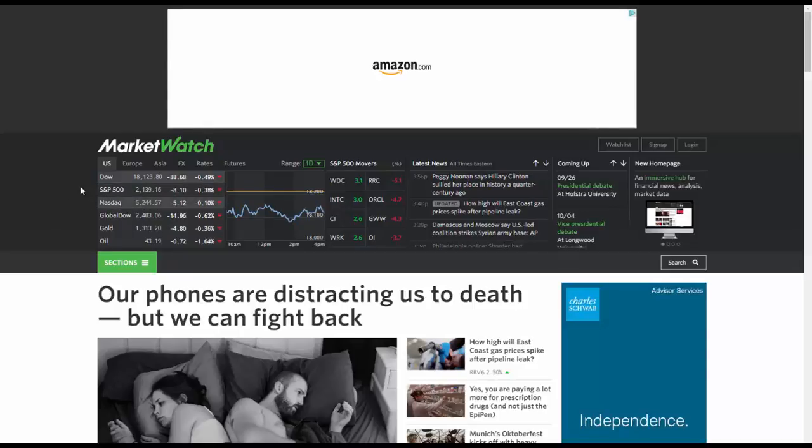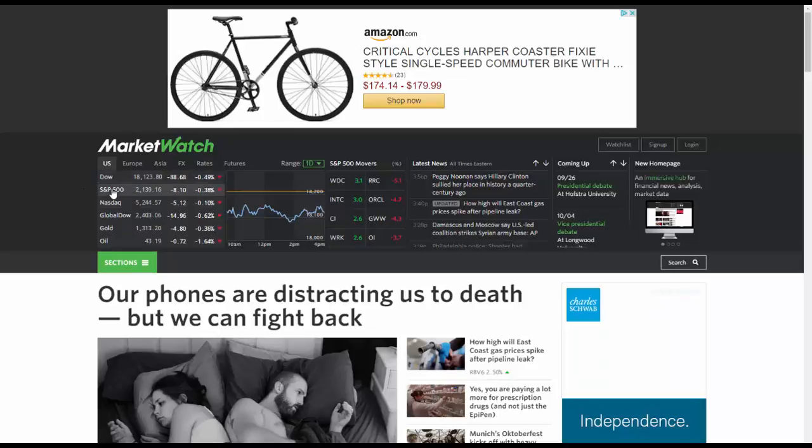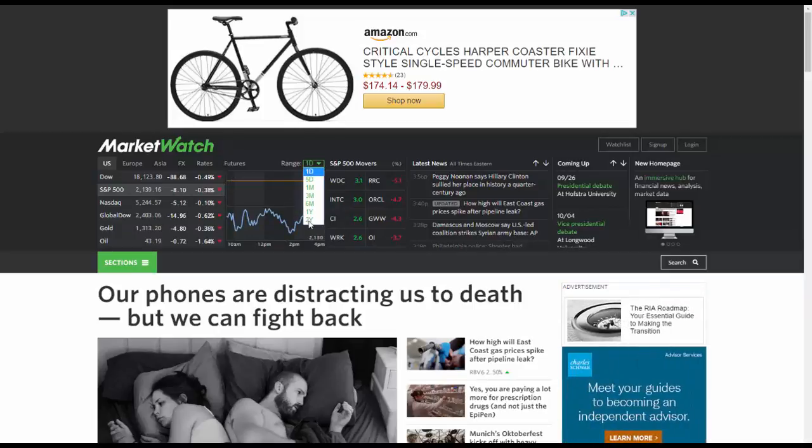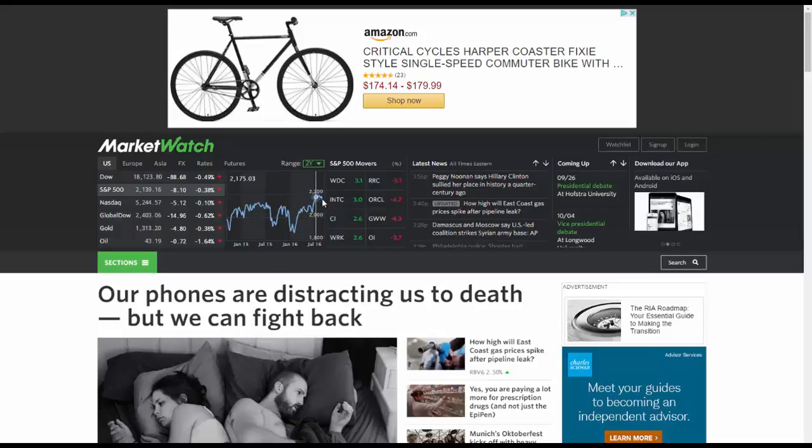We have these, and for example, if I go to the S&P 500 and I look at the trend of that over the last 2 years, I can see that generally speaking, it has gone upward generally. So what that means is, if you dollar cost average over time, over a long period of time, this is just giving me 2 years.